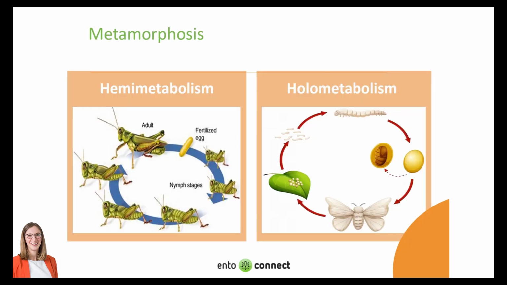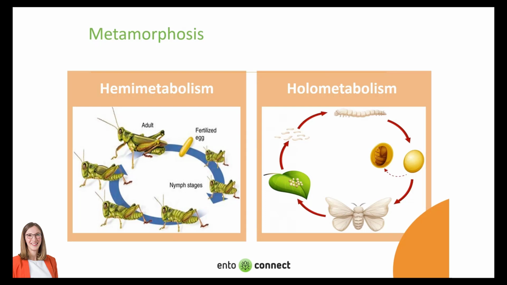And this topic brings us to the next slide, which is the metamorphosis of insects. The 2 main forms of metamorphosis we find in the commonly reared insects are hemimetabolism and holometabolism. Grasshoppers and crickets fall into the hemimetabolism group.